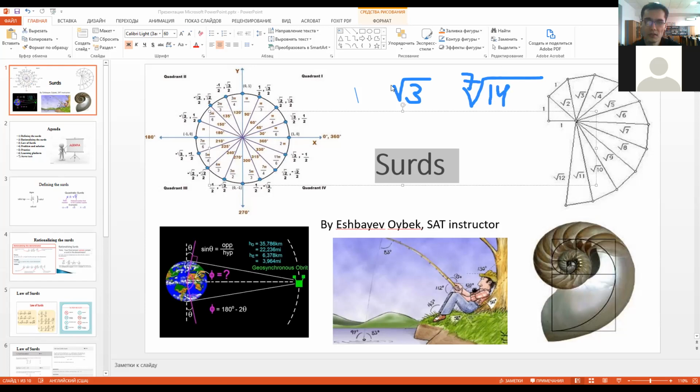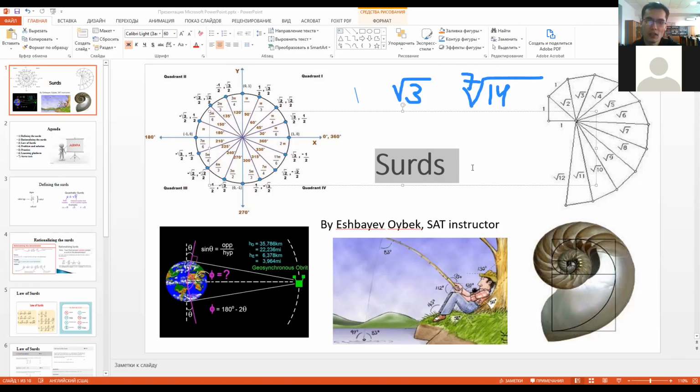In your school, you've seen such mathematical expressions, right? Today we will discuss them. These are all called surds. Okay, keep it in mind.